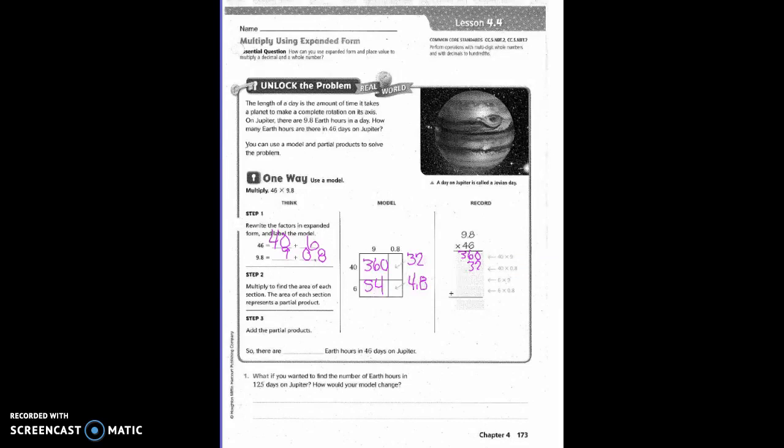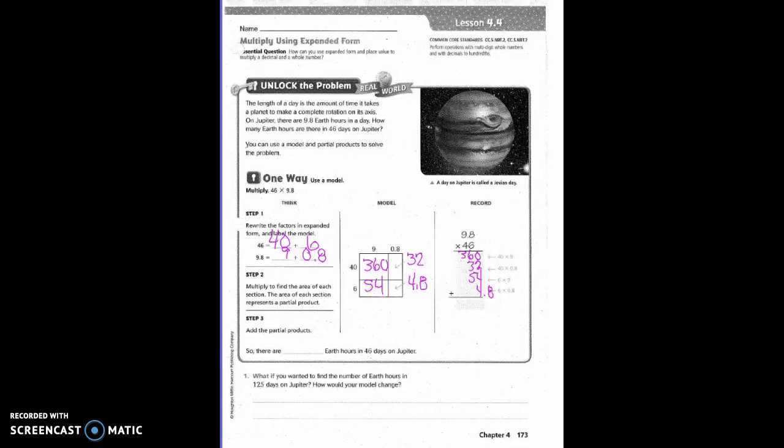Okay. Then 6 times 9 we said was what? 54. And then we said 6 times 8/10 was what? 48, but 4 and 8/10. So then I'd have to put this right here and then put it a little bit out, right? Just so I have all my place values together.